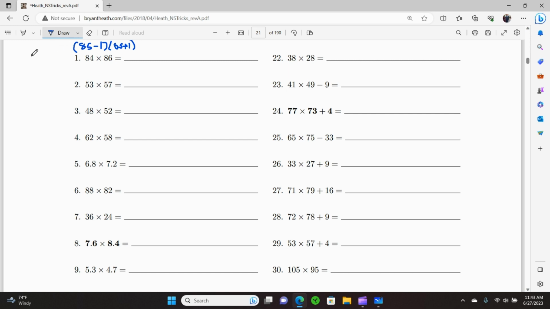So really all you have to do is 85, the number that's in the middle, squared, minus 1, which is the gap between the two numbers, how far they are away from 85, squared. And because negative 1 squared is still 1, all you're really doing is just 85 squared minus 1.